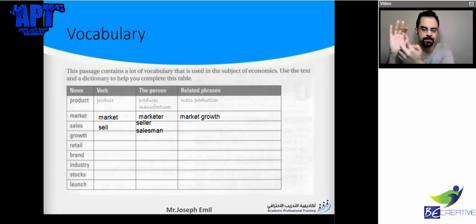I'm talking about a space for the consumer, the buyer, and the person who sold him the mobile phone, the seller. But a salesman is a general expression that is used to denote someone whose job is to sell things.